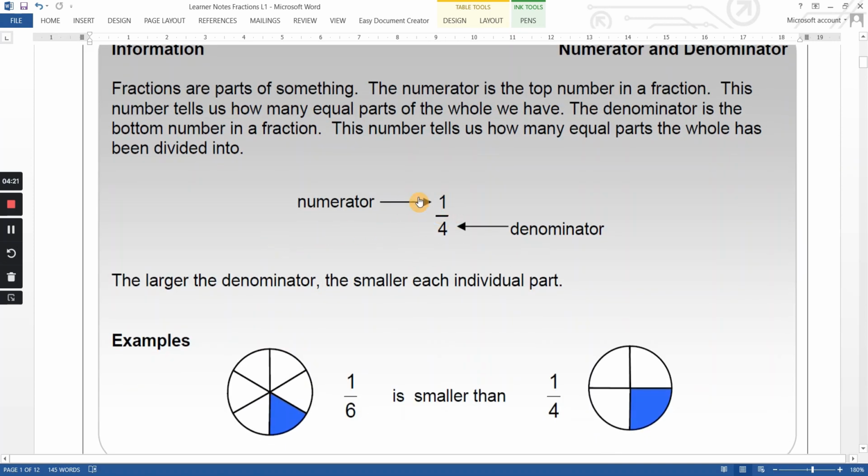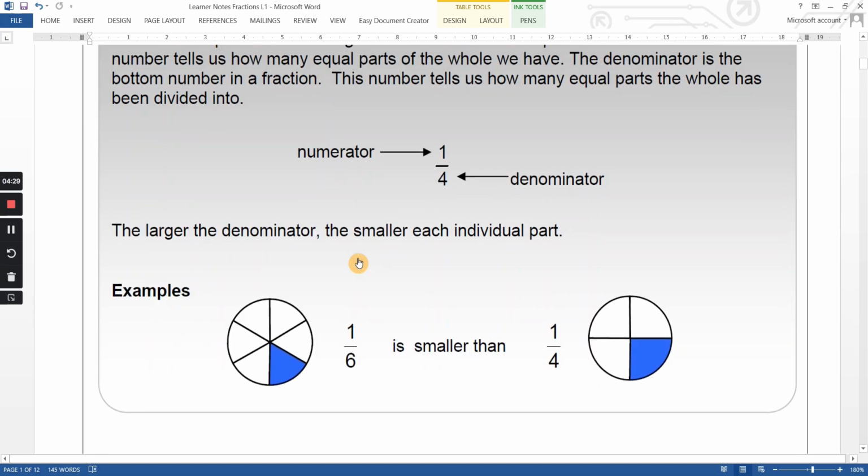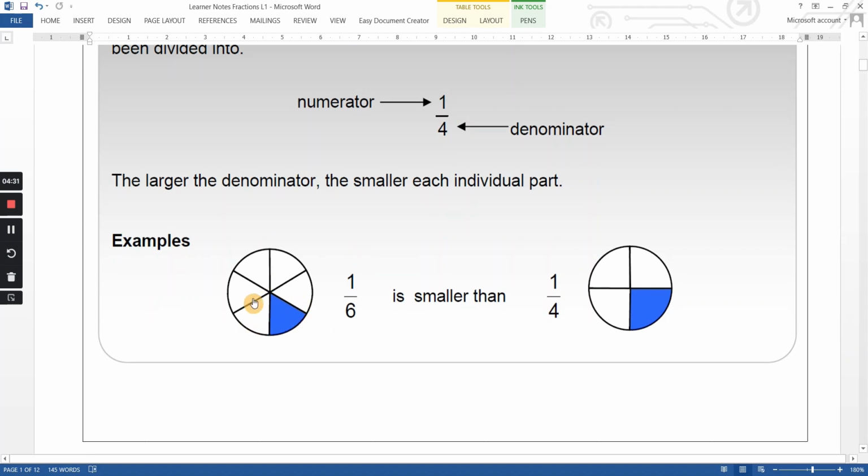So for example, if you have one part out of 4 equal parts, we say it's a quarter. In another example, if you have 6 equal parts and one of those parts is shaded, that means you've got 1 out of 6, or a sixth. And you've got 4 equal parts in this example here. One of them is shaded, so that's 1/4.